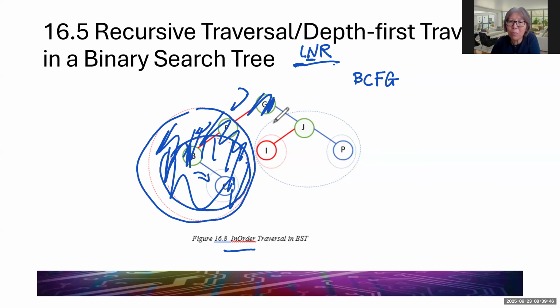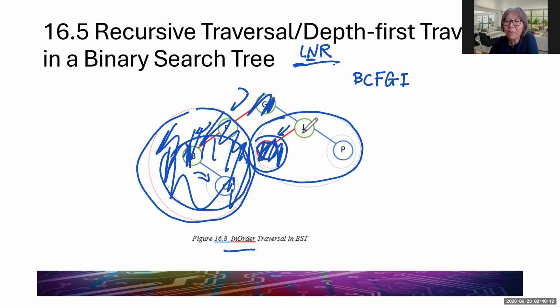Then we move to its right subtree. For its right subtree, we still need to follow the rule. We cannot start with J. Start left first, so you go to left. This is left because it only has the node itself. Left is null, right is null. So that's why we go to I. So left is done, and then come to the node itself. Node J is done.